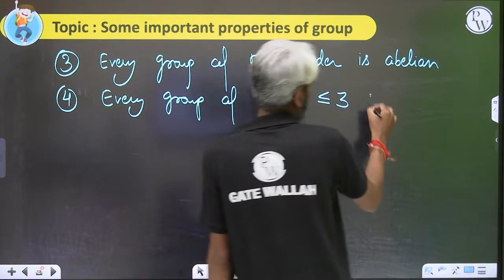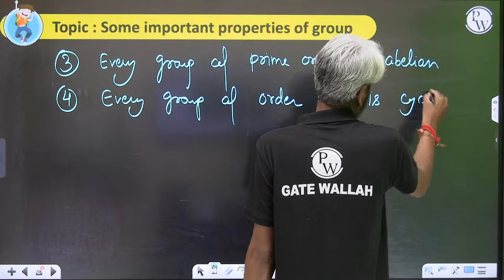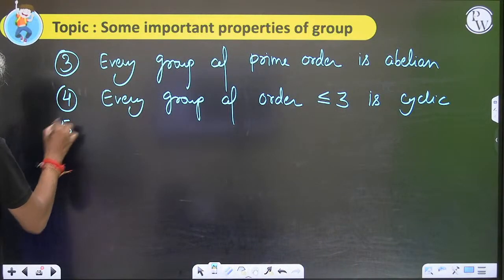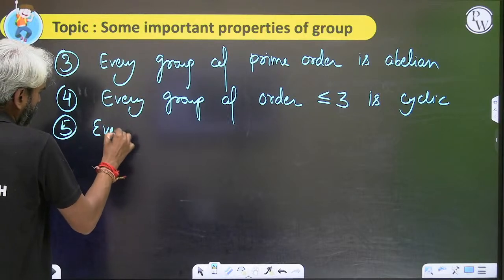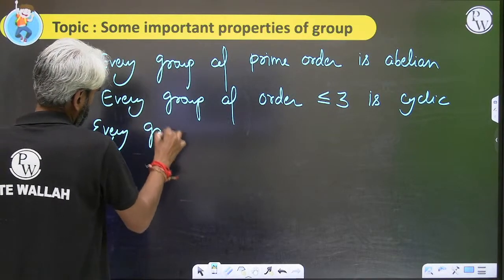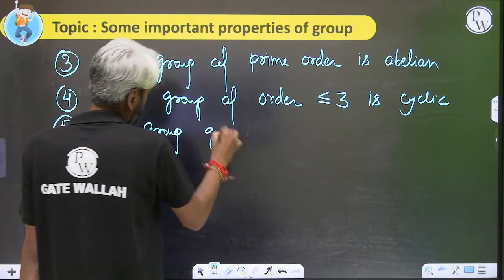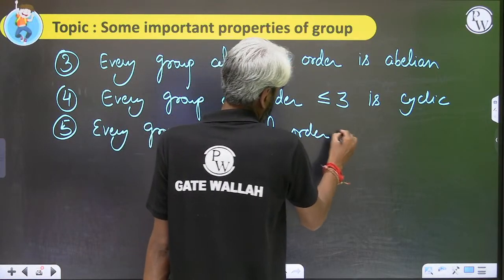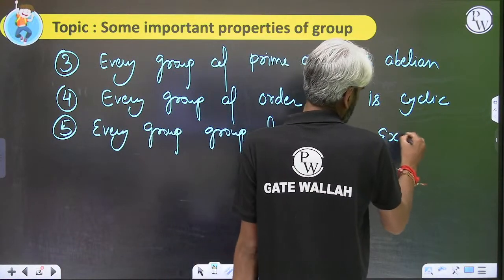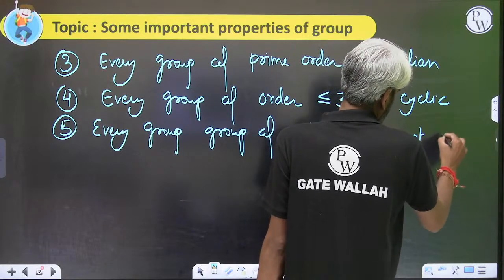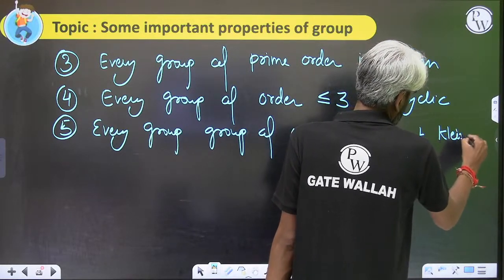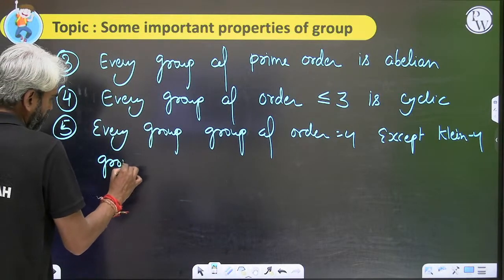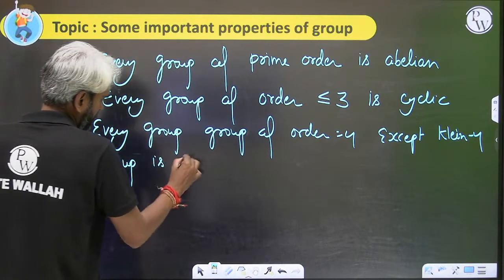Fourth point, every group of order less than or equal to 3 is cyclic. Okay, sir. Now, every group of order 4 except the Klein 4 group is cyclic.